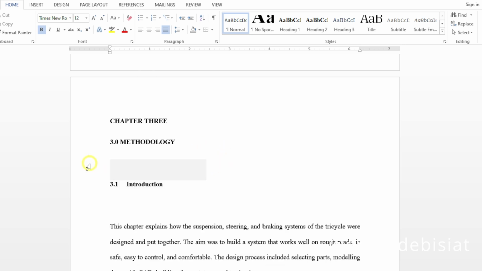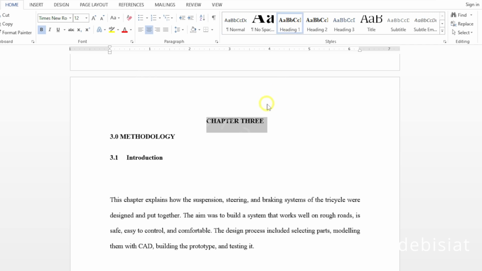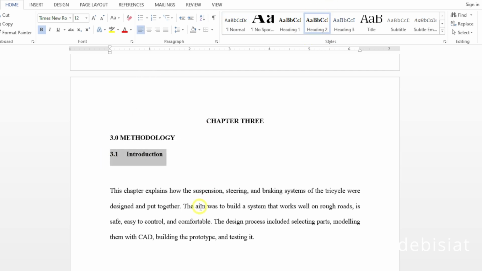This should be centrally aligned. This is heading 2. And 3.1 Introduction. This chapter and experience.